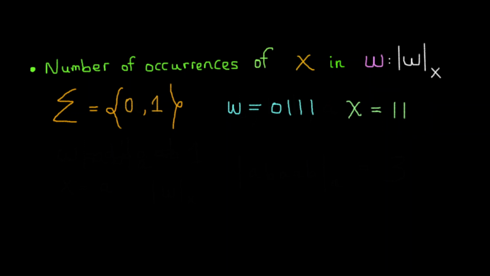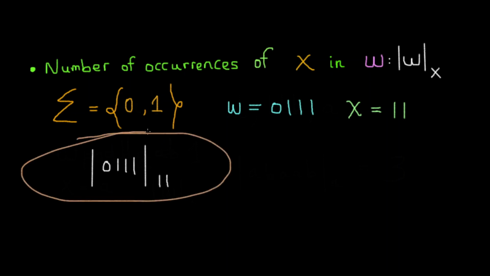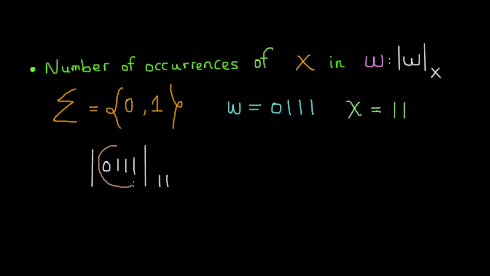And so the following concept that we're going to explain now is very, very important. When we compute the number of occurrences of this word inside this one, that is in this way, right? Here we have the word W, here we have the word X. And so look, how many elements we have of 11 in here?